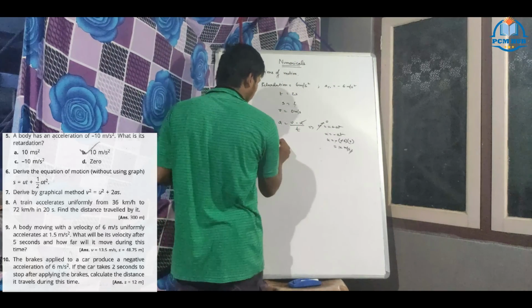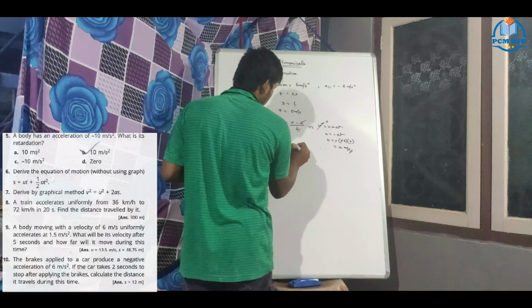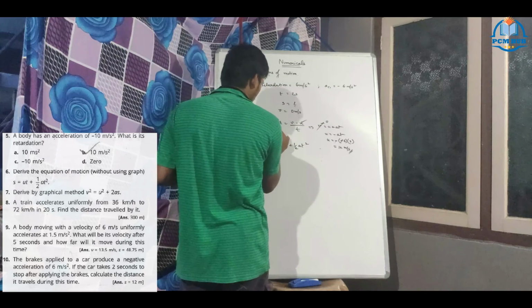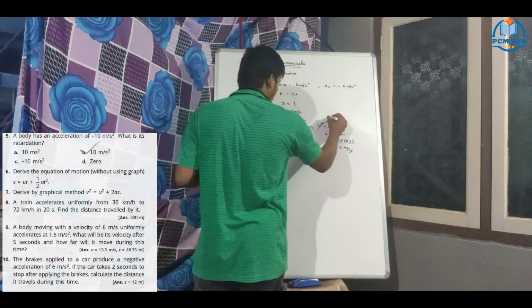The distance traveled. S equal to ut plus half at square, using the second identity.